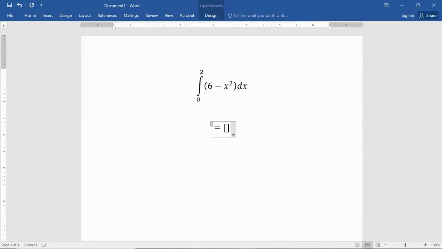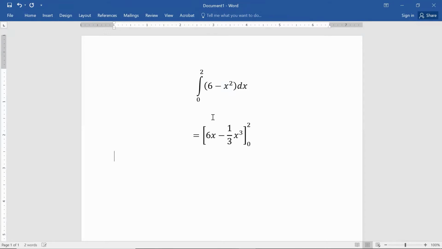The first step is to find the antiderivative of 6 minus x squared, or at least an antiderivative of 6 minus x squared. We saw that earlier, 6x minus 1/3 times x to the third plus any constant. We'll utilize 0 as our constant as usual. And we've integrated from 0 to 2.